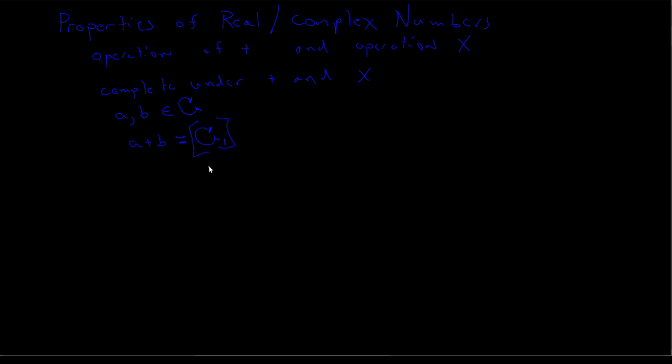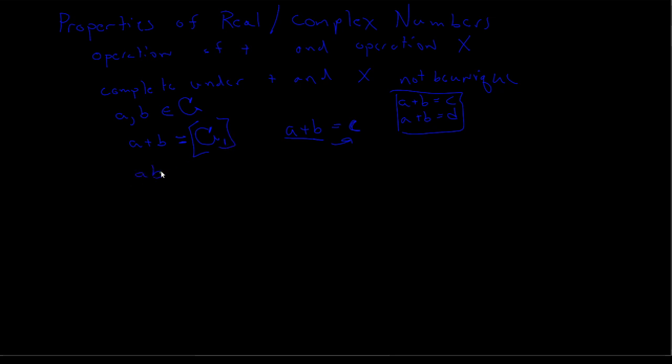Some complex number that we'll get through there. Now, it's unique in that if we call that third number C, A plus B always equals C. You don't have a case where A plus B equals C in one case and A plus B equals D in another case. This would not be unique. And we can say under addition, real and complex numbers are complete and they produce a unique result.